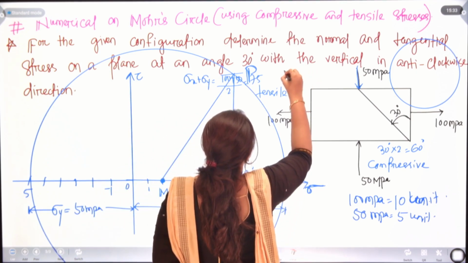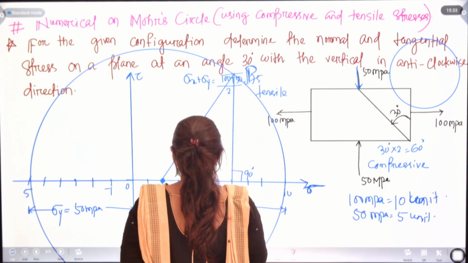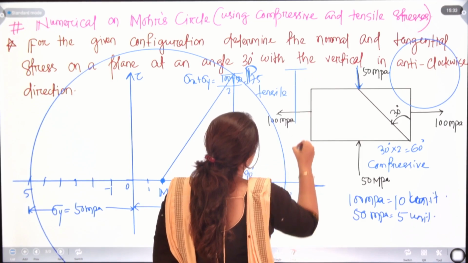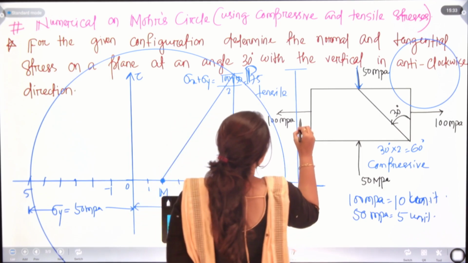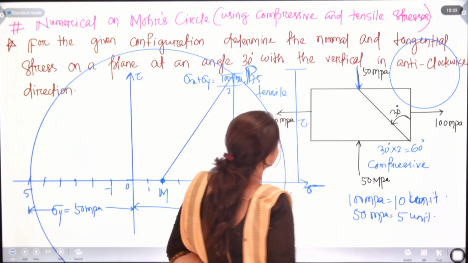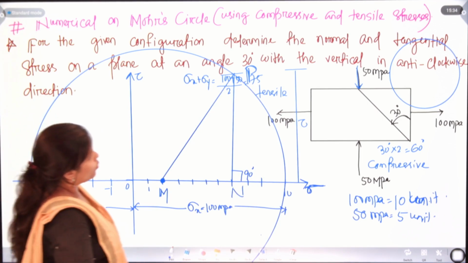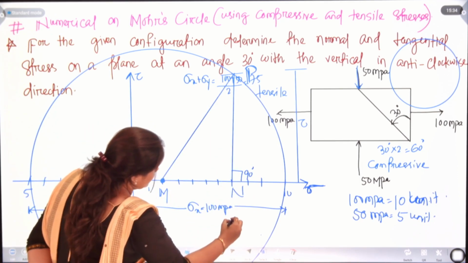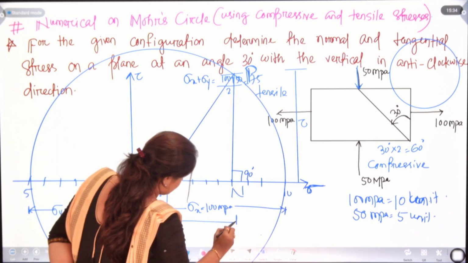From here, this to this, we will take the shear stress, that is tau. And next, what we will draw? We need to draw this from this to this here.